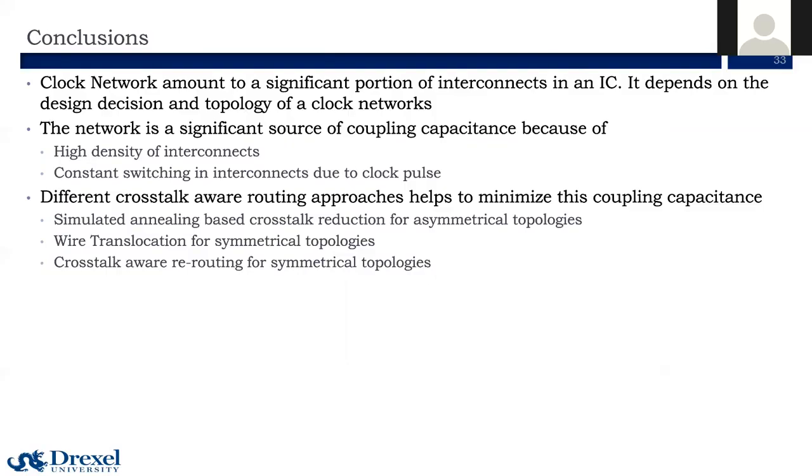We also discussed that a clock tree or a clock network has a high density of interconnects and it has constant switching, which plays a factor in the significant capacitive coupling that we have in a clock network. And we discussed different crosstalk aware routing approaches to minimize that coupling capacitance. Thank you.